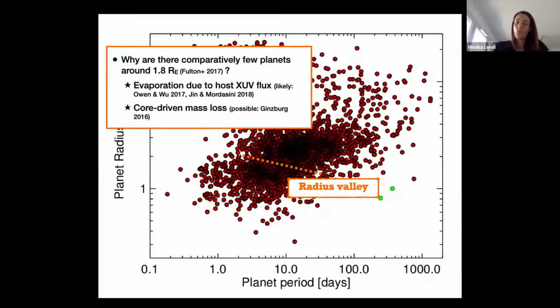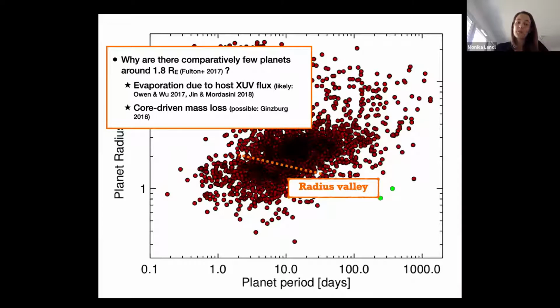Now, why is that? We believe that this is the separating size below which the size corresponds to a planet that has a predominantly rocky composition, and above that size, we're looking at planets that manage to accrete and to keep a substantial amount of hydrogen and helium in their atmospheres. The reason why that's the case, again, there are several possibilities.